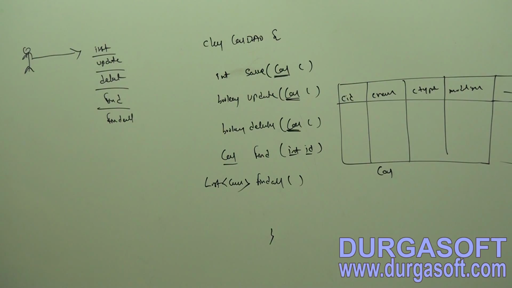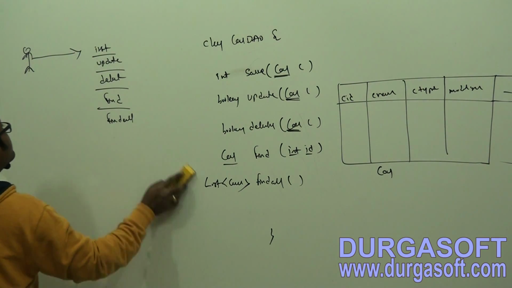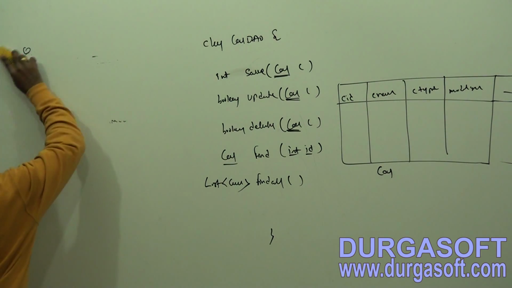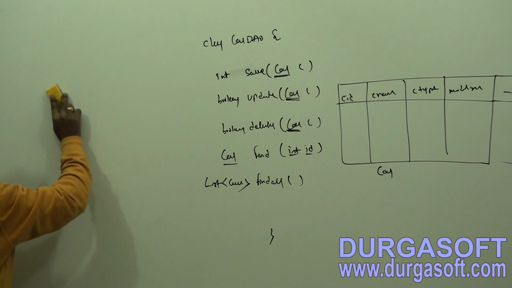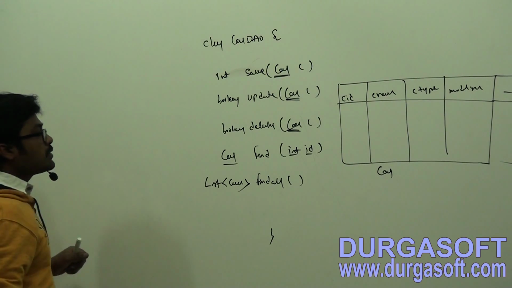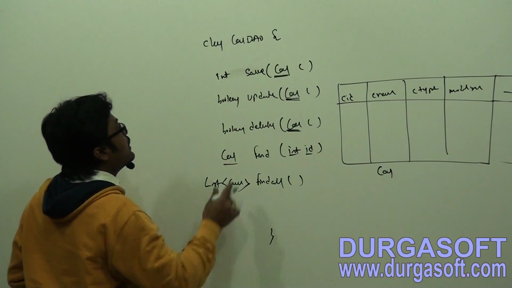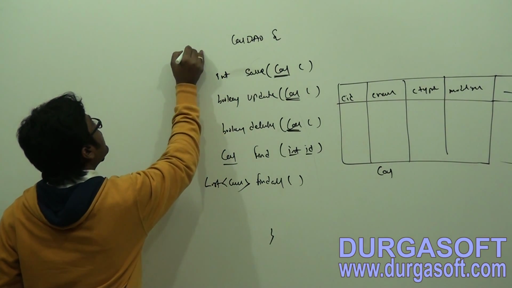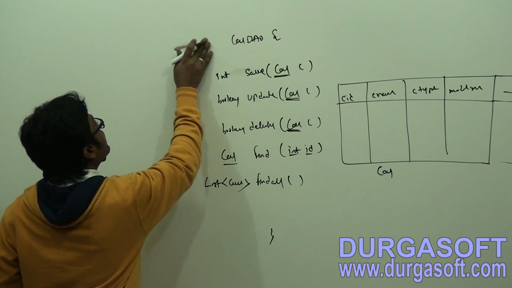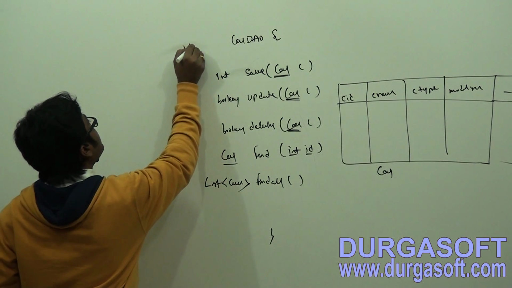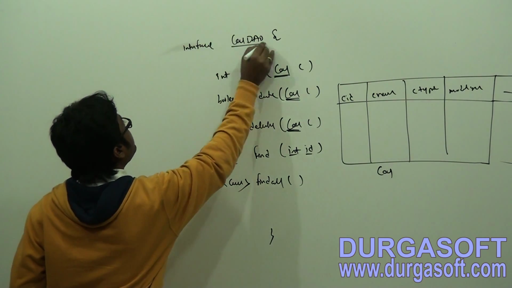So write this set of methods in a DAO class. But before writing these methods, you need to follow IOC architecture, IOC rules. As per IOC rules, instead of implementing a car class first, you need to create an interface, a car DAO interface.